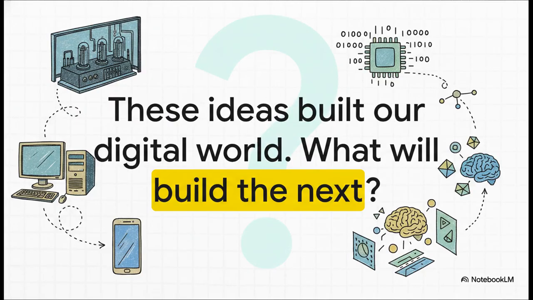Think about it. This handful of elegant, powerful ideas built our entire digital world. They took us from machines the size of a room to the supercomputer that you carry around in your pocket. It's an incredible human achievement. Which leaves us with one final and really exciting question. What are the great ideas being discovered right now that will build the world of the next 60 years?